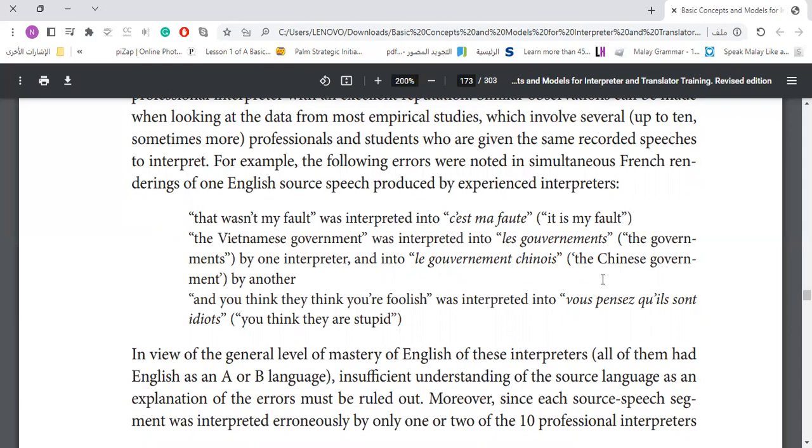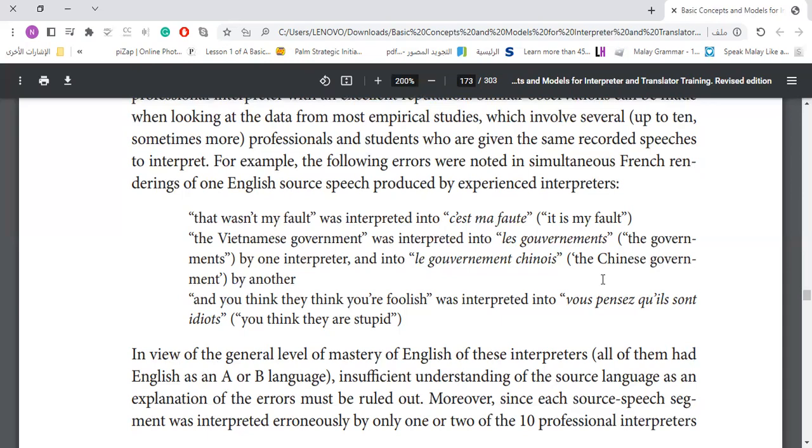So that excludes the possibility of imperfect interpretation due to insufficient understanding of the language. Another possibility that he mentions is fatigue. They were too tired to interpret, but again, he excludes this because they did not interpret for a long time. They were only 10 minutes. So how tired could they have been?